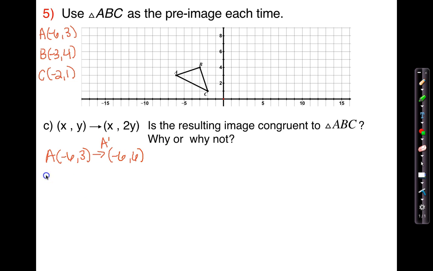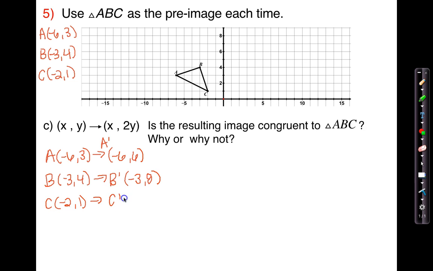Okay, so for point B, which is negative 3 comma 4, B prime is going to be, well, x is going to stay the same, so we're going to keep it as negative 3, but the y is going to be doubled because we multiply by 2, so 4 doubled becomes an 8. And last but not least, for C, we have negative 2 comma 1.